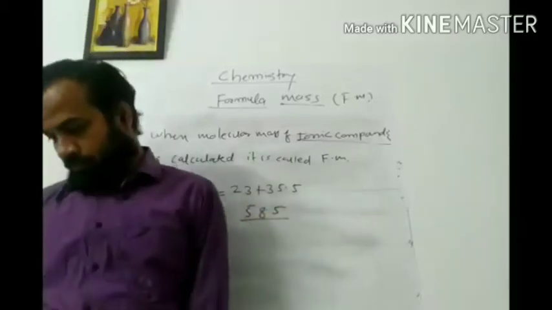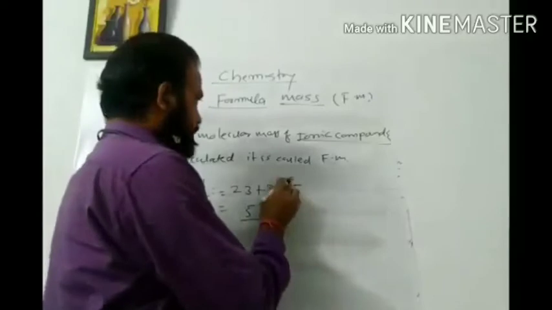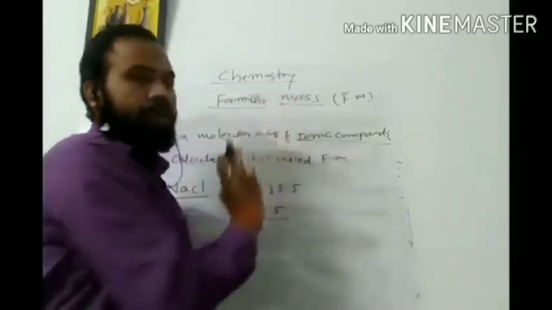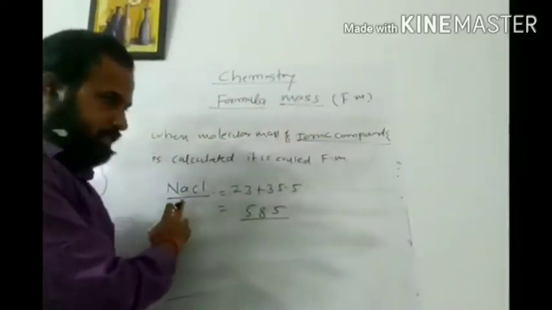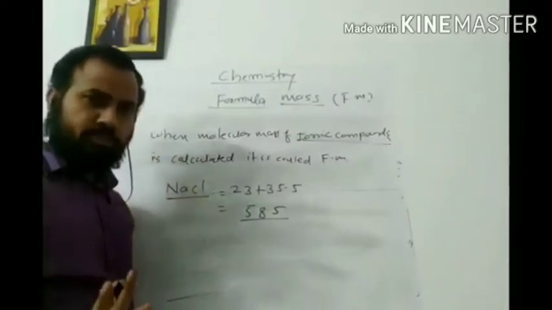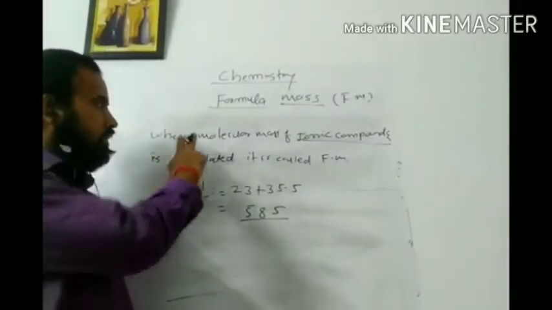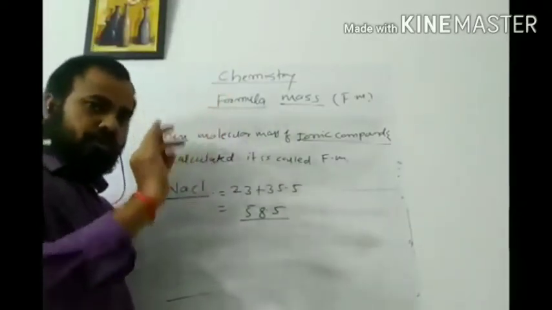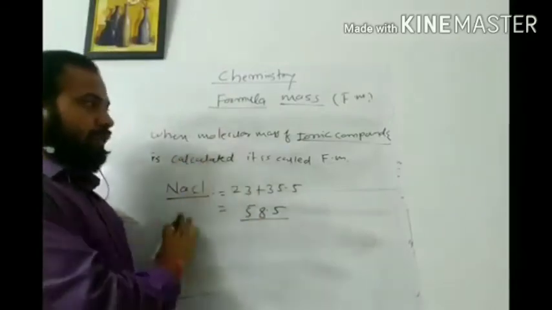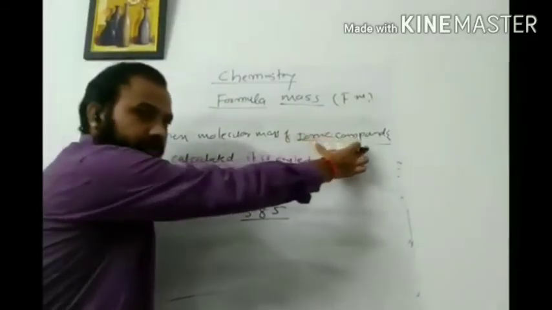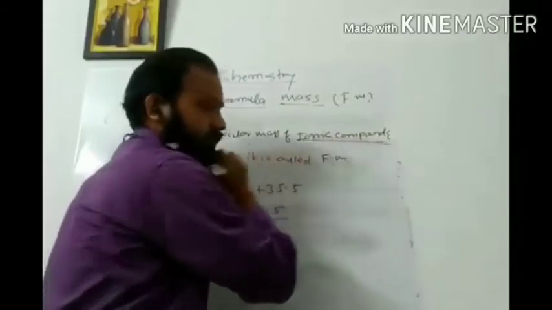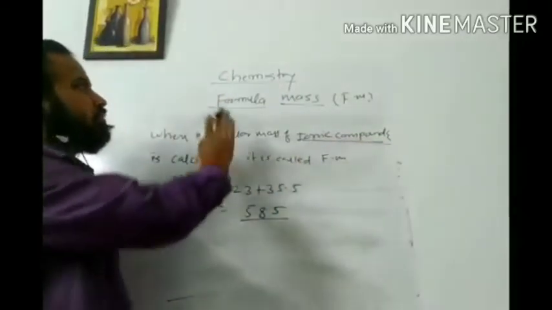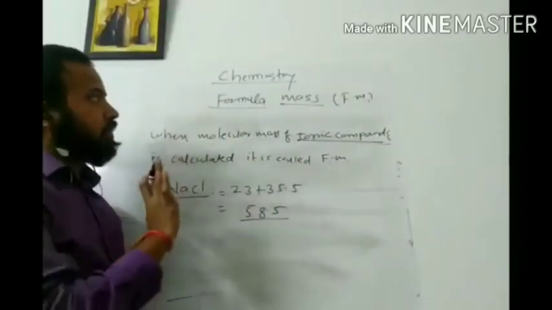So 58.5 is the formula mass of NaCl. The same procedure is there as we calculated the molecular mass. We have to calculate molecular mass only, but when we calculate it for ionic compounds, this word is important: it is called formula mass.